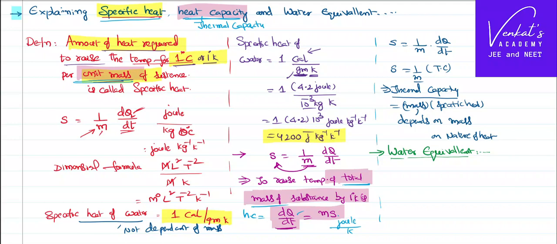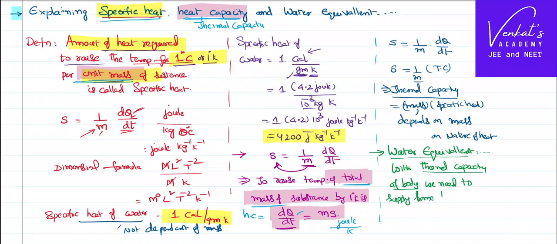Take the thermal capacity of a body. What do we mean by thermal capacity of a body? To raise the temperature of the total mass of that body by 1 degree centigrade, we need to supply some heat.